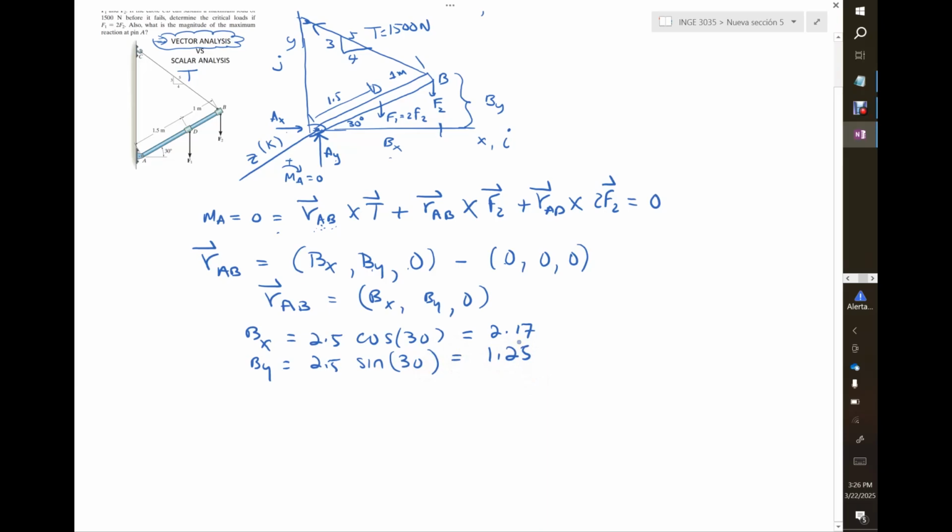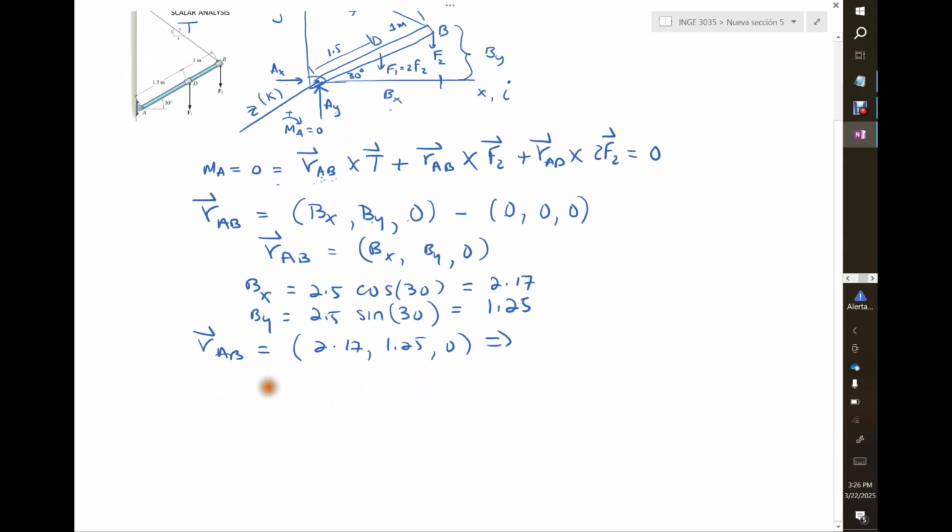So then RAB is nothing else than 2.17, 1.25, 0, or in vector notation that would be 2.17i plus 1.25j plus 0k, and that will do. So we got the first vector.